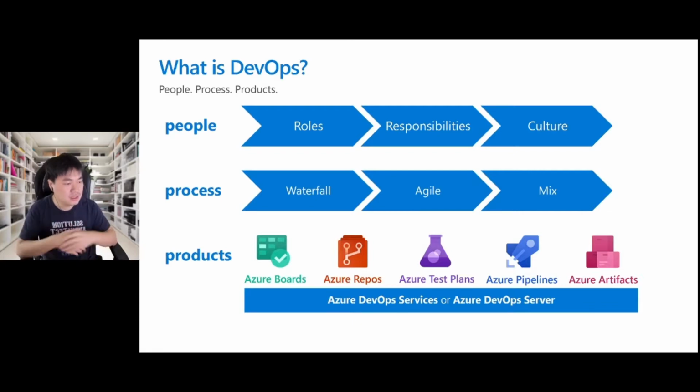And finally, product, right? Now, there are many products in the world today, or not many, maybe a few. Today, I'm going to show you what we call Azure DevOps, and it comes with a SaaS or software as a service version and a server version. And I'm also going to show you GitHub. As you know, GitHub is the largest repository in the world.